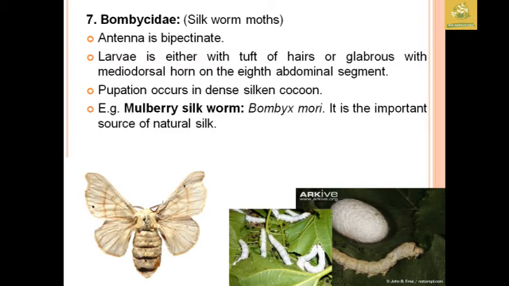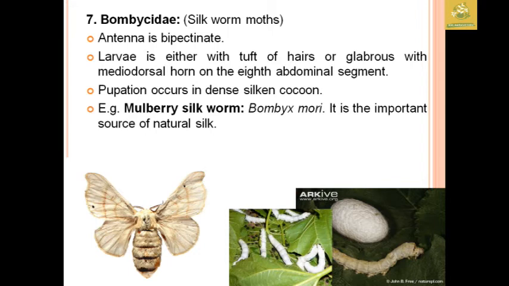And after that we are going to see Bombycidae, which is composed of silk moths. They have economic importance for the production of natural silk. The better example is the mulberry silkworm, and the scientific name is Bombyx mori. So please remember that Bombyx mori has the economic importance of producing silk materials, so they act as a source of natural silk.